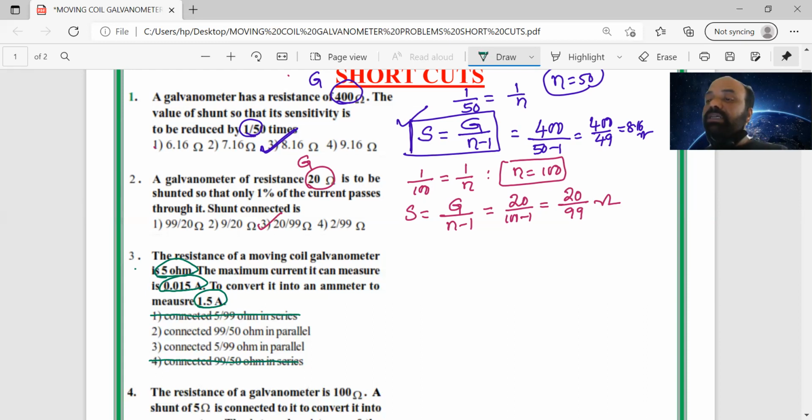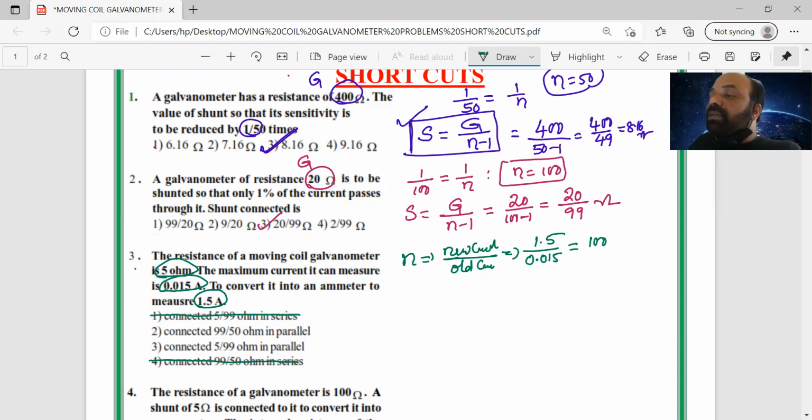So we can write the n value again. N is equals to new current by old current. New current is, suppose, 1.5, so we write 1.5 by 0.015. This is exactly 100.